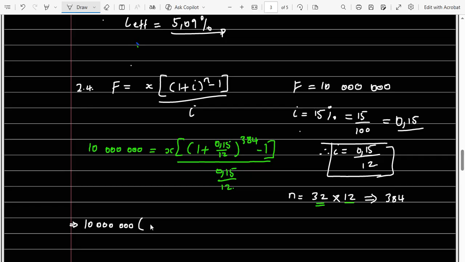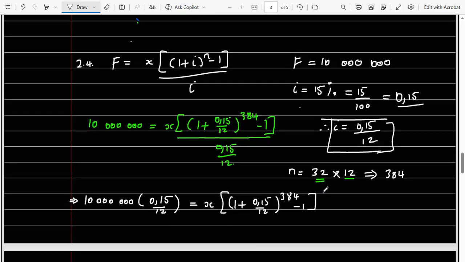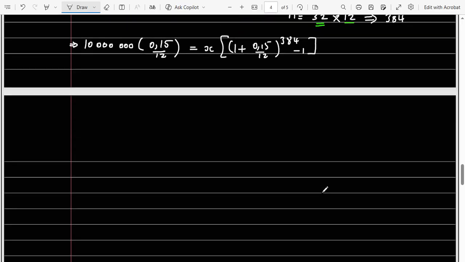Do it and say 10 million. Multiply that 10 million by the 0.15 over 12. Then equate this to X into that 1 plus 0.15 over 12, to the power 384 minus 1. Let me just rewrite the equation here.